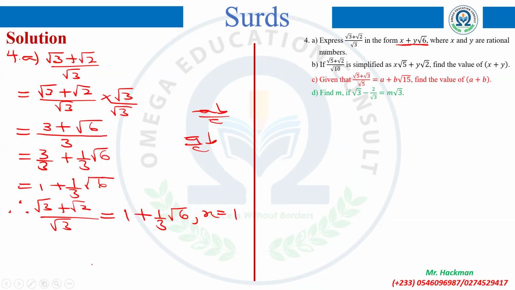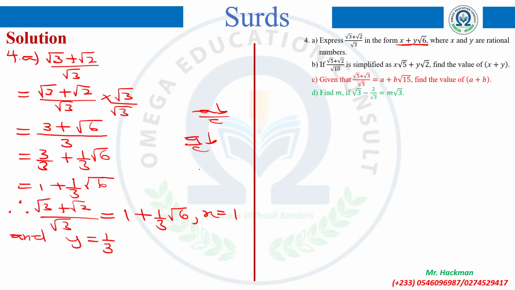If you have space here, you continue. I don't have space, so I'm coming down, and as I'm coming down, I write close to the margin. My y, you know y is the coefficient of the root of 6. Can you see that? So here, the coefficient of the root of 6, you can clearly see that it's 1 over 3.